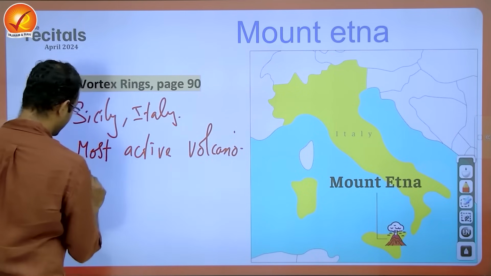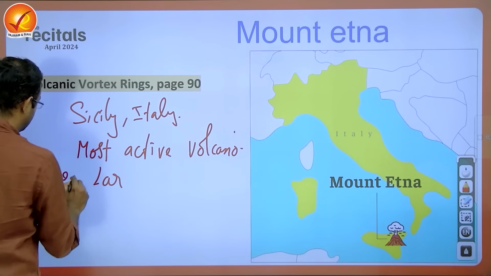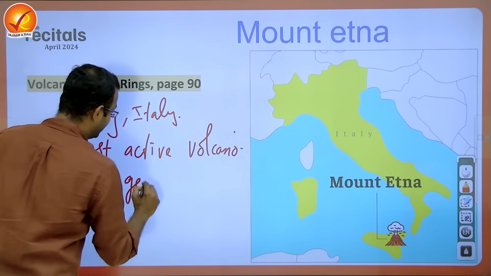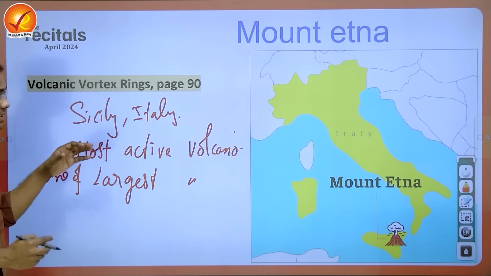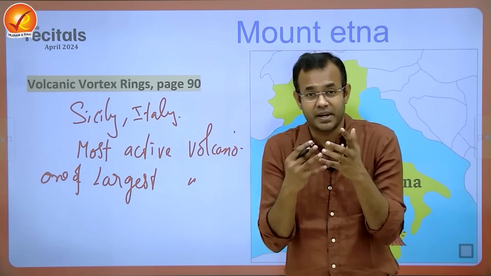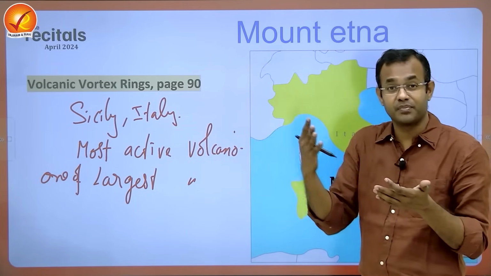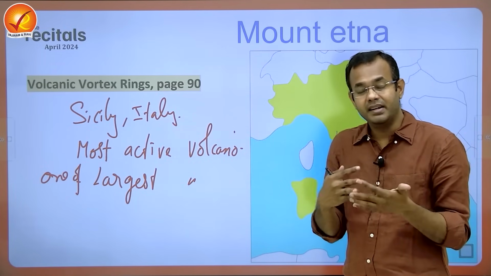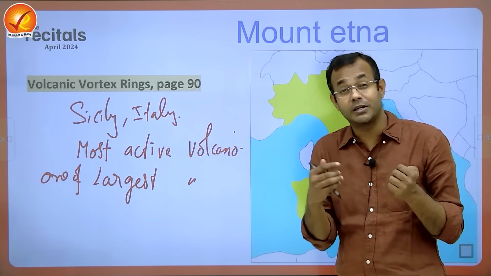one of the most active volcanoes in the world, most popular as well, one of the largest volcanoes, and it has its own dating from 1500 BC in terms of its eruptions. We have recorded that this particular volcano has been erupting from 1500 BC, and till date you would have easily recorded more than 200 plus eruptions.